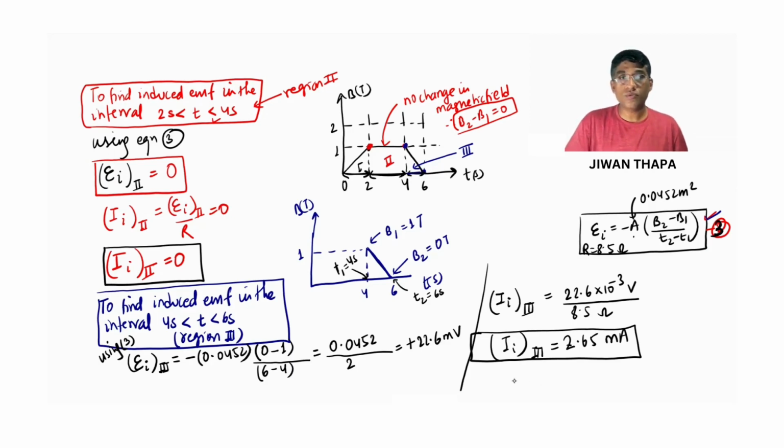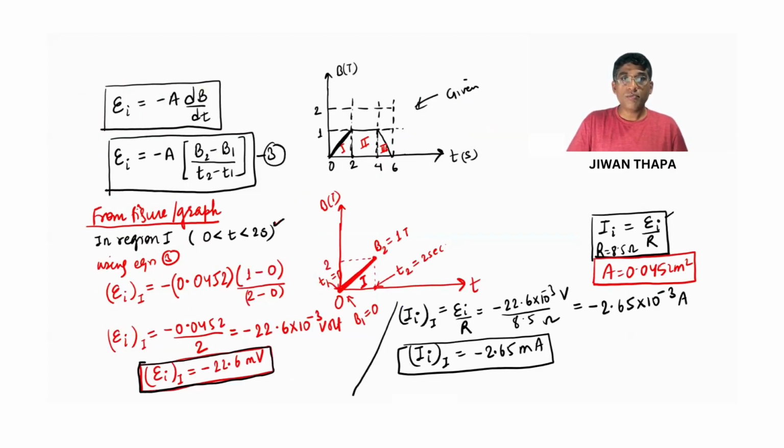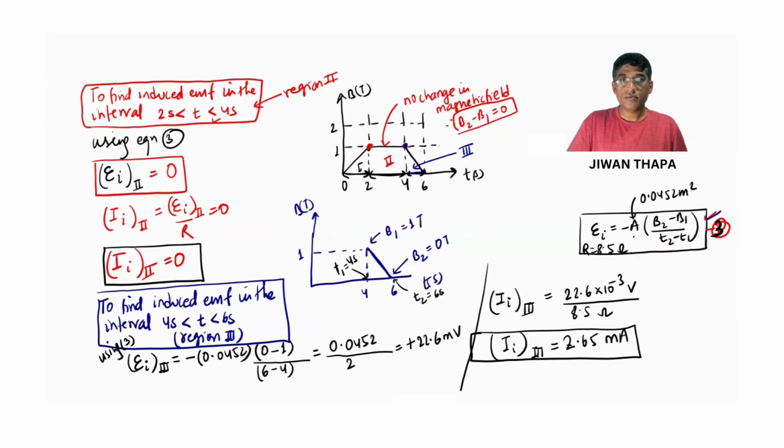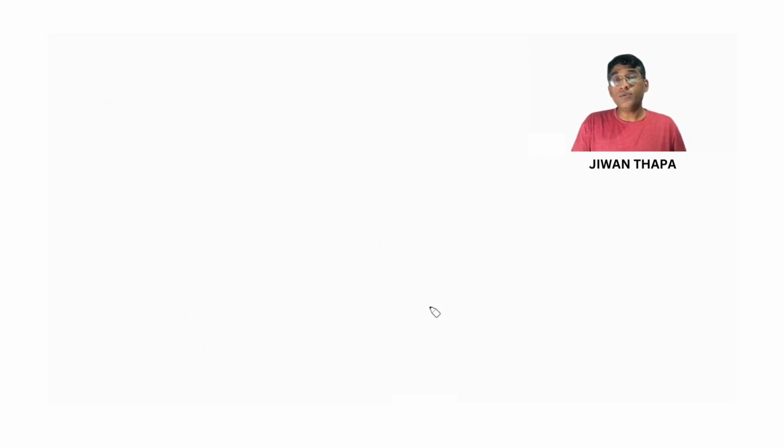Now we are asked to plot the graph between induced current and time. So how do we do it? Plot induced current as a function of time. I'm writing all the values we have calculated.